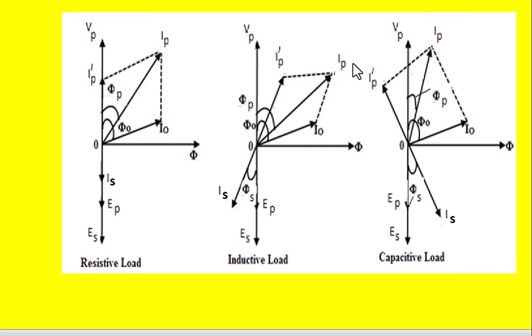Once IP or I1 is known, the angle between IP and the applied voltage Vp or V1 is called the power factor angle of the transformer, that is phi p. Similarly, the angle between I0 and Vp is called the no load power factor angle.